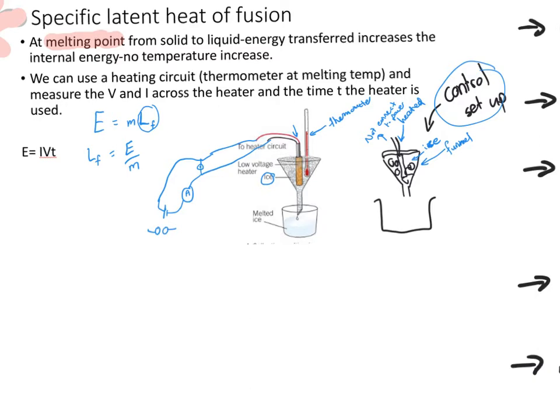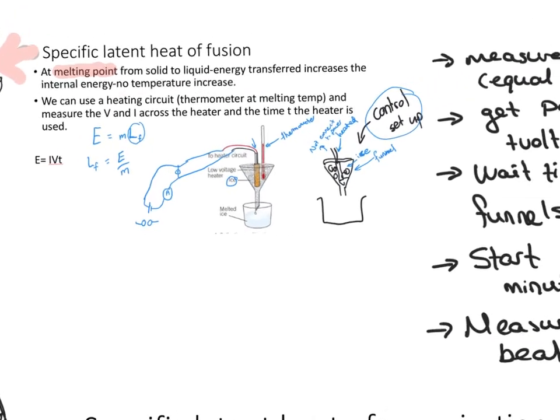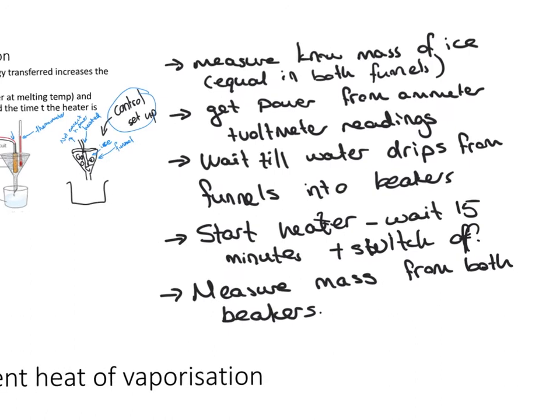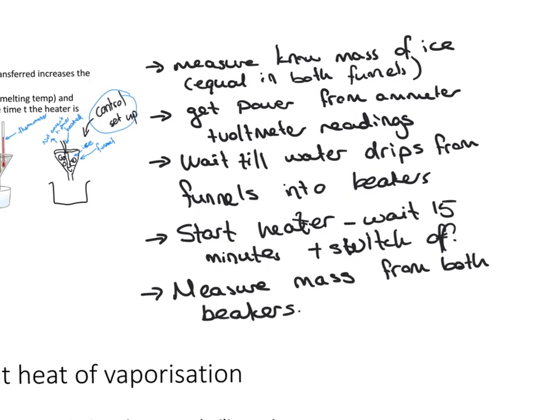Well, the mass of the melted ice, actually. So we need a control setup to remove any ice that melts not due to the heat, that melts under normal conditions.